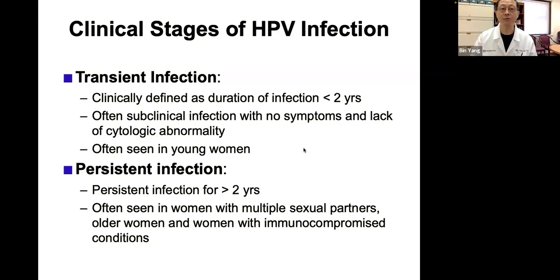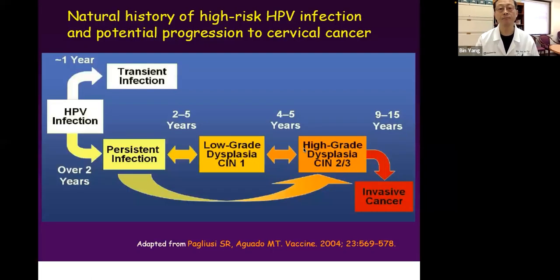Less than 2 years, we call transient, and more than 2 years, we call persistent. The high risk is really in those women with persistent infection. These tend to occur in women with multiple sexual partners, older women, or women with immunocompromised conditions.